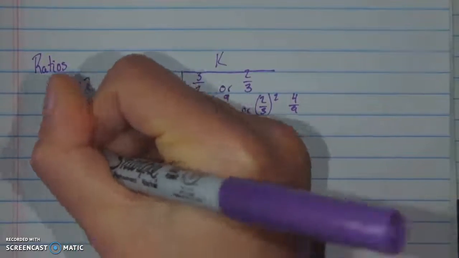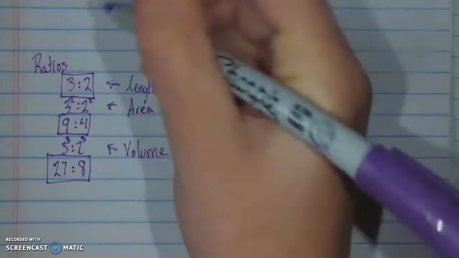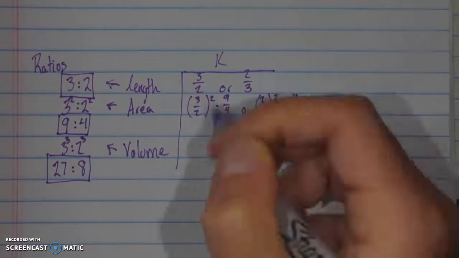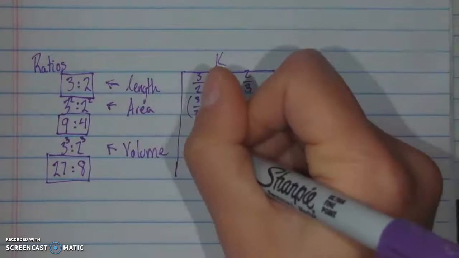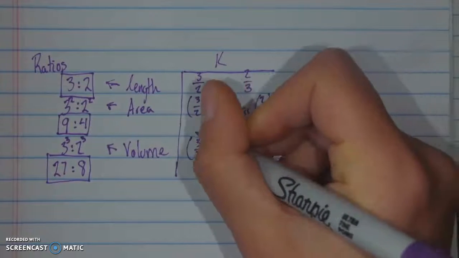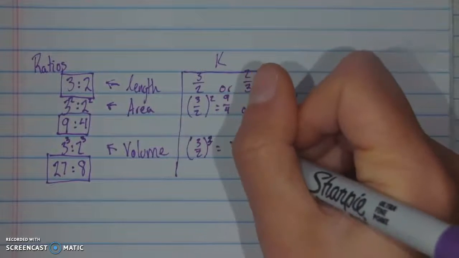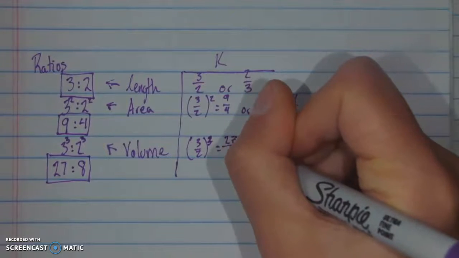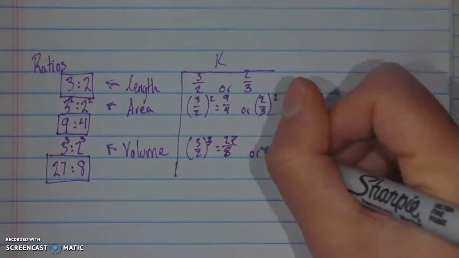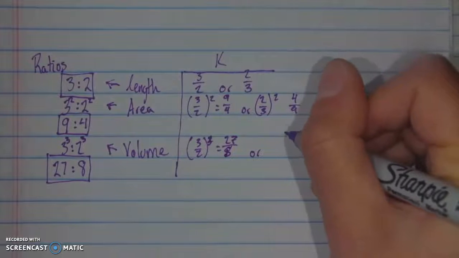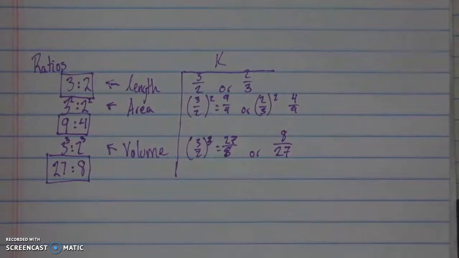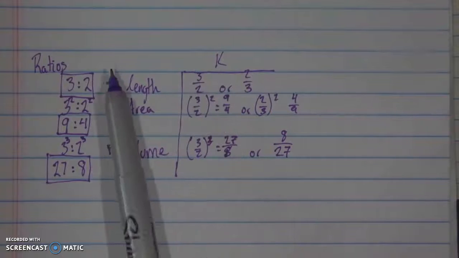So we end up with 3 different possible ratios that we might use, and 3 different possible k values, where here our 3/2 cubed would be 3 to the third, or 27, over 2 to the third, which is 8. Or, of course, if our k value was reversed and we were looking at a contraction, 8/27 would be that k value. So again, 3 options.